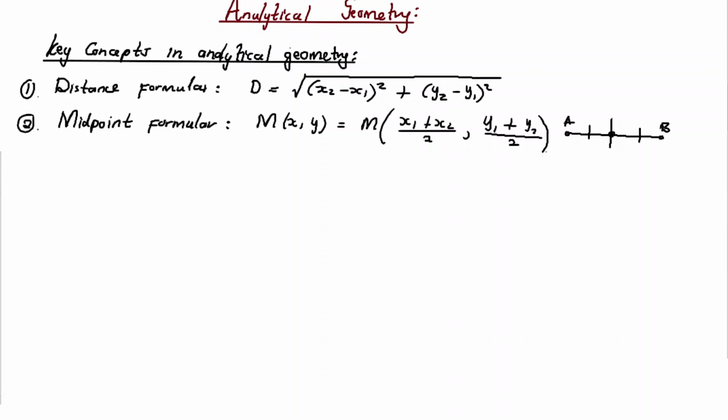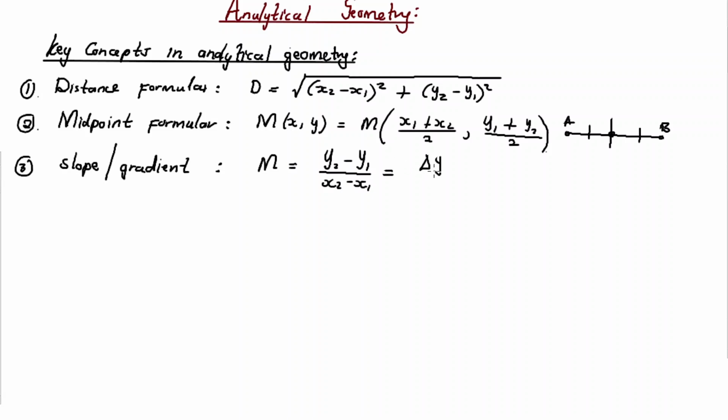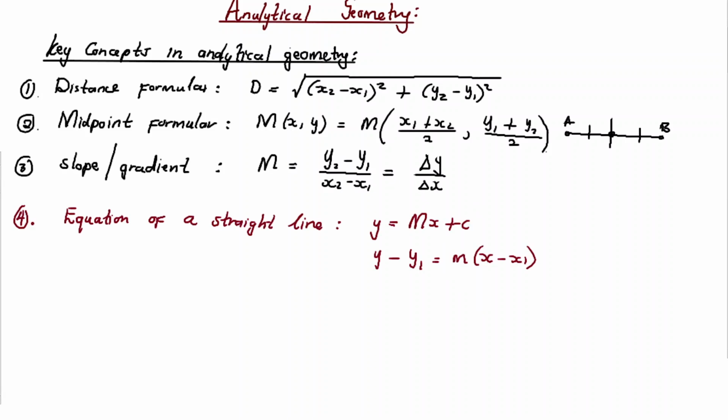Then you should also know how to calculate the slope or the gradient, which is described as the change in y over the change in x. And you should also know how to find the equation of a straight line.